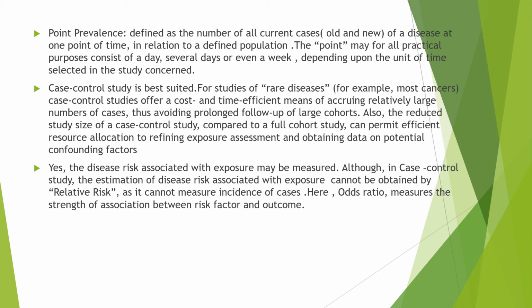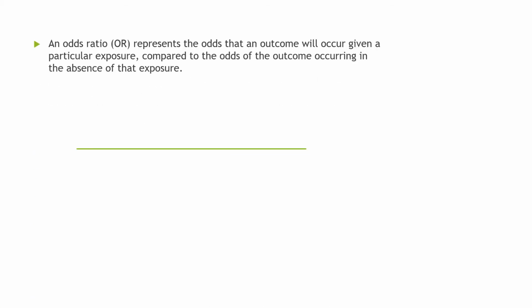It cannot obtain the relative risk as it cannot measure incidence of cases. The odds ratio assesses the strength of association between the risk factor and the outcome. It represents the odds that an outcome will occur given a particular exposure compared to the odds of the outcome occurring in the absence of that exposure.